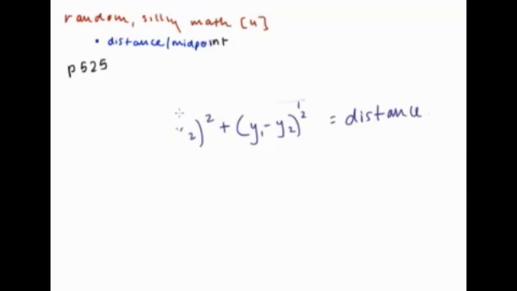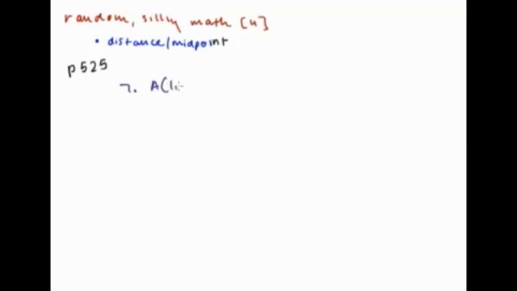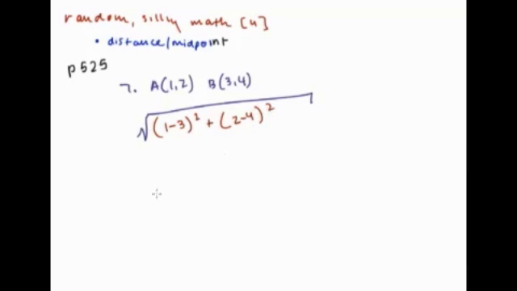So we have done 5, but let's do 7. I'm not going to do all of the problems in the math textbook. I just want to give you an idea, and also I want to go over something else. So A is (1, 2), B is (3, 4). Well, use the distance formula. That is going to be the square root of the absolute value of 1 minus 3 squared plus the absolute value of 2 minus 4 squared.